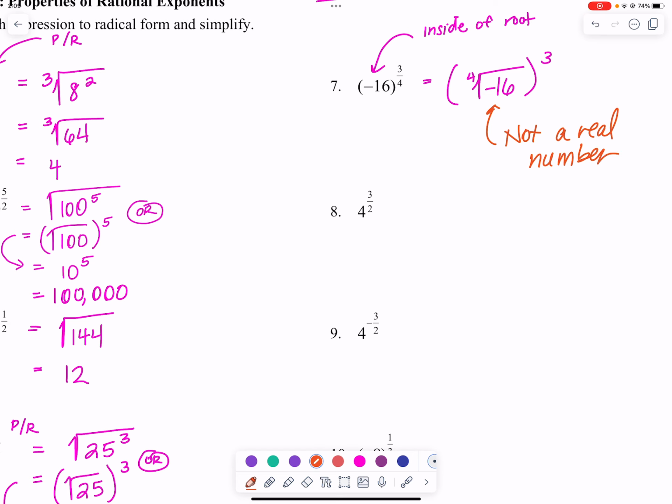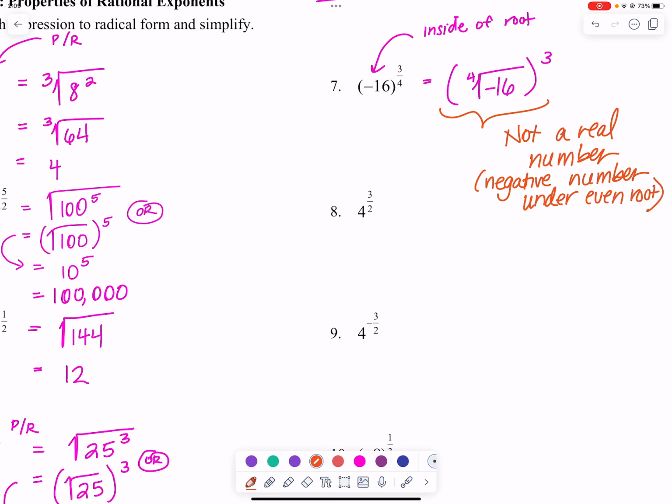That's an imaginary number when we have a negative number under an even root. So let's write that out. A negative number under an even root.